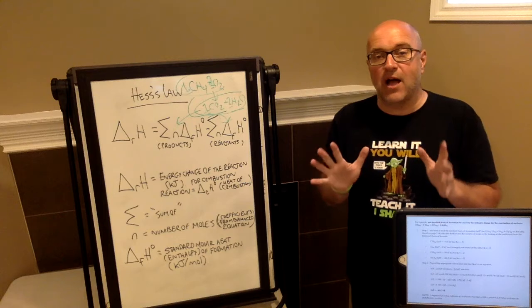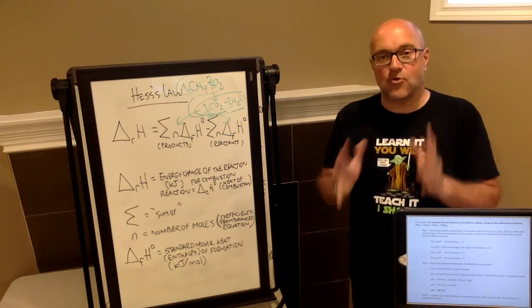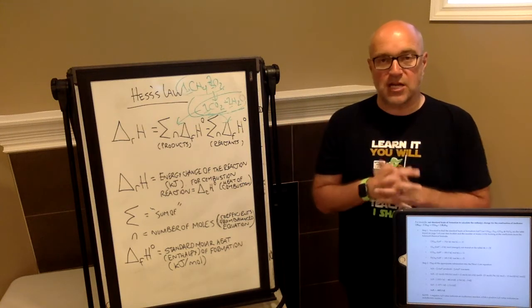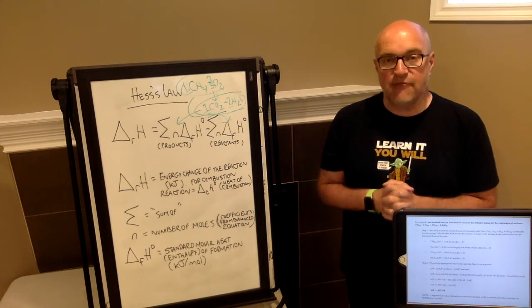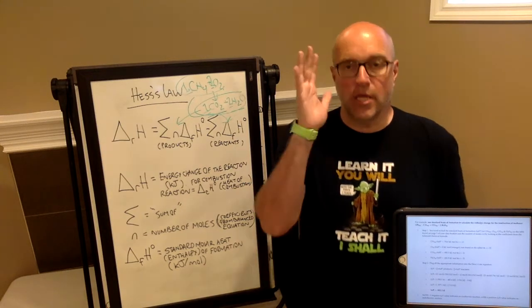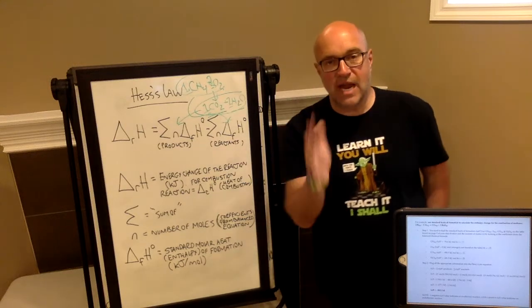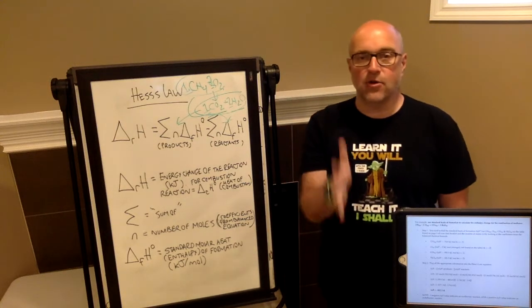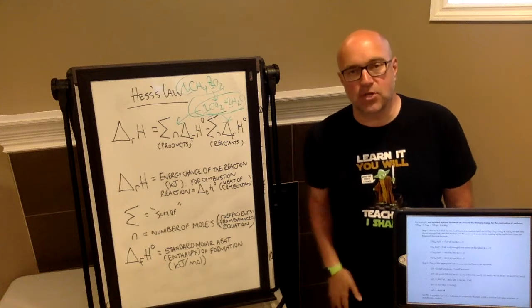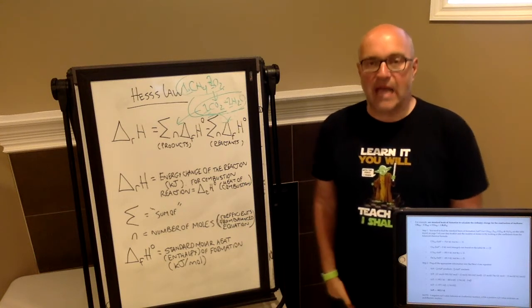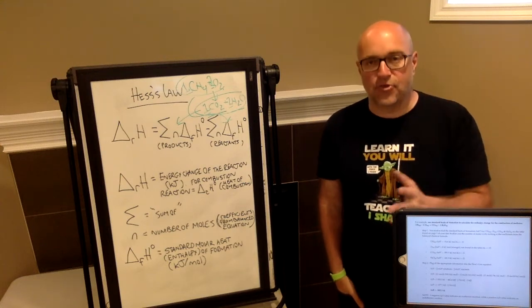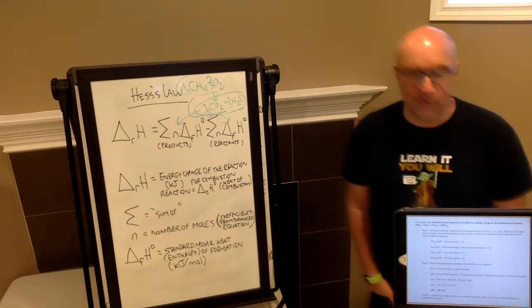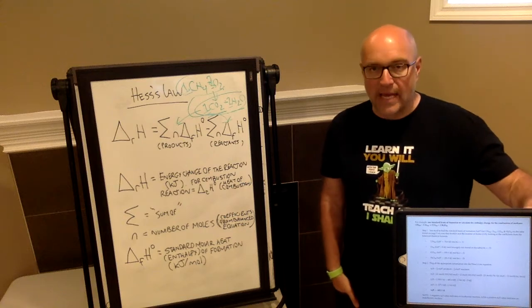So all your answers for these questions, no matter what combustion reaction I throw at you, it's always going to be a negative number. If you ever get a positive number, you've done something wrong. There should never, ever be a positive value for any combustion reaction that we do in this course. They're all going to be negative values for your ΔrH value.